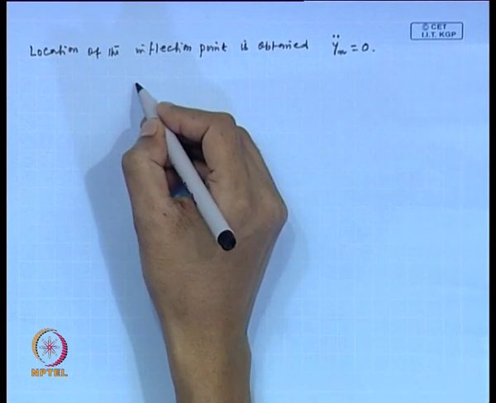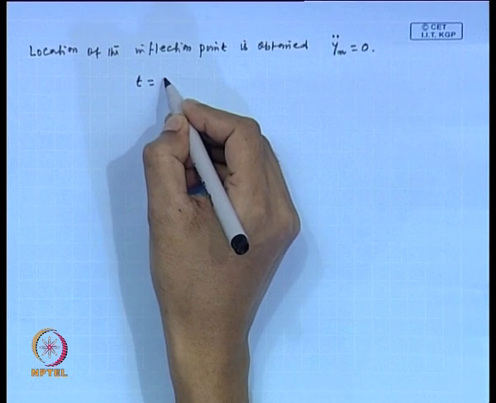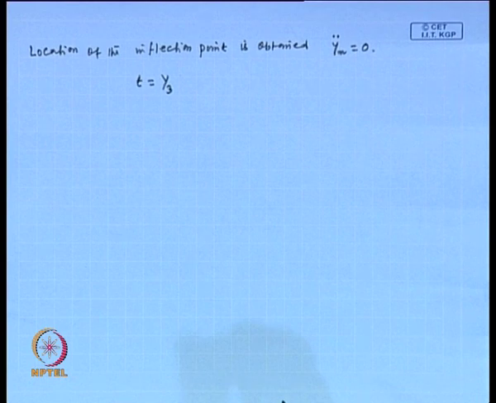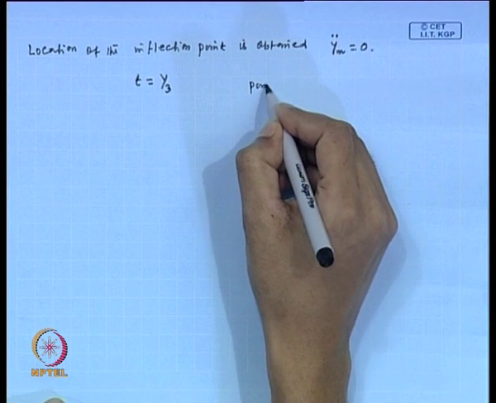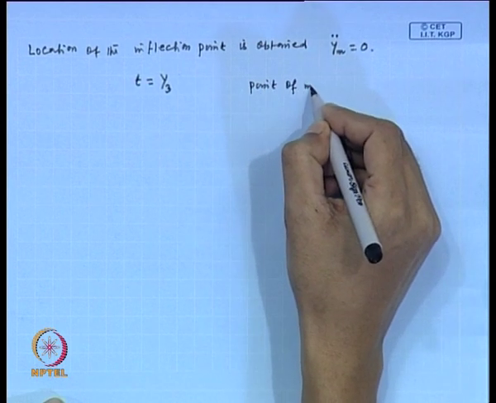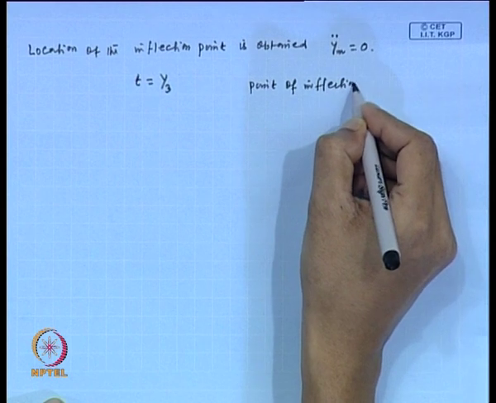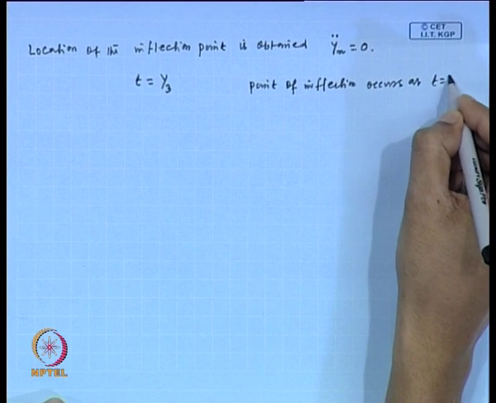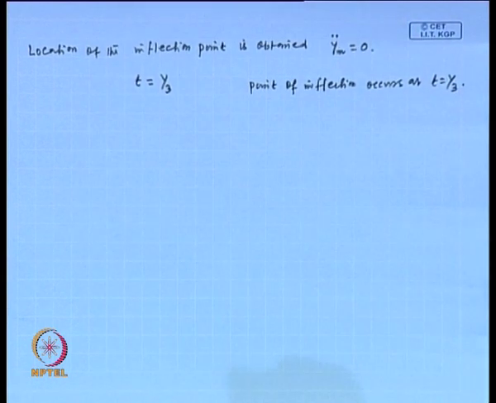So, if we do that, then we get t equals 1/3. Fine, this is the root of interest in this problem, t equals 1/3. So, the point of inflection occurs at t equals 1/3.